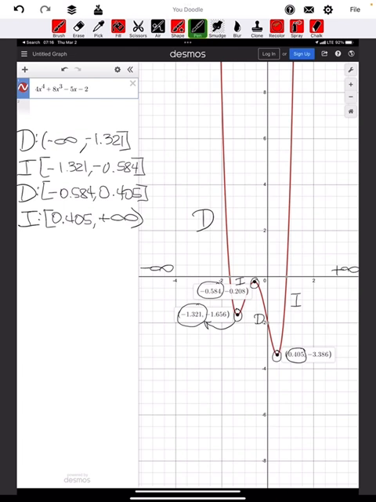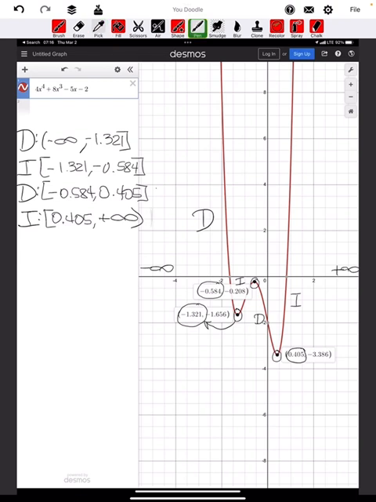Now, again, like I told you, the order doesn't matter. If you want this to be your first interval, then your second, then your third, then your fourth, that's fine. Let's say you want to switch it up, and if you want to make this your first interval, sorry, I was trying to get to my pen thing.